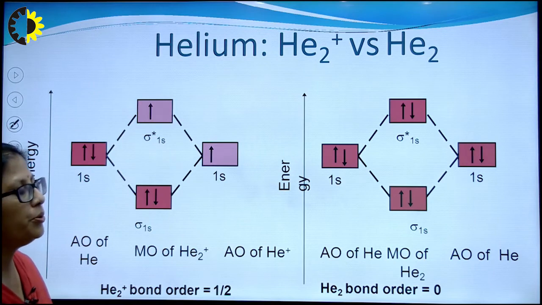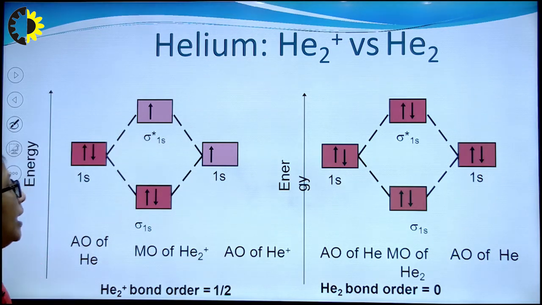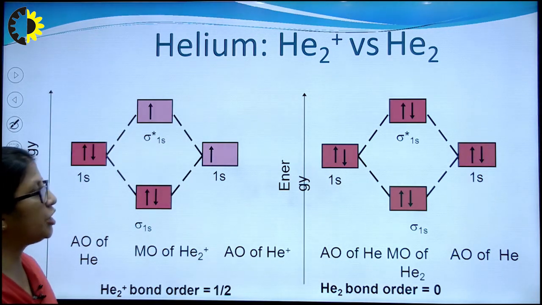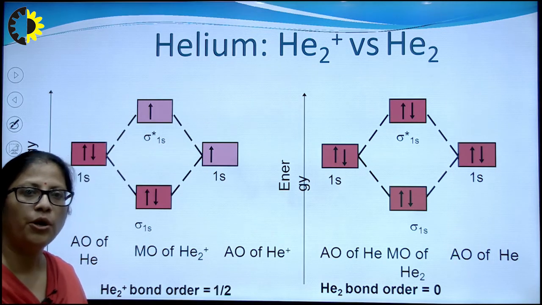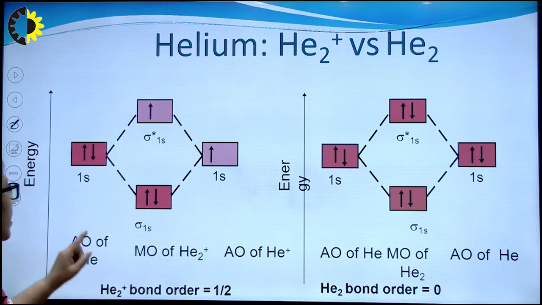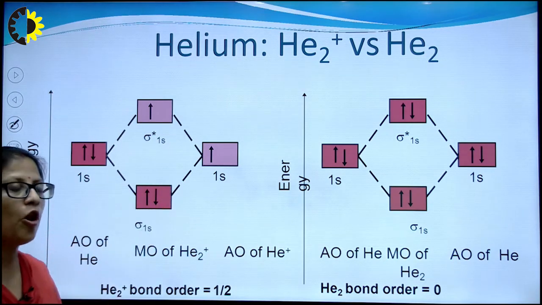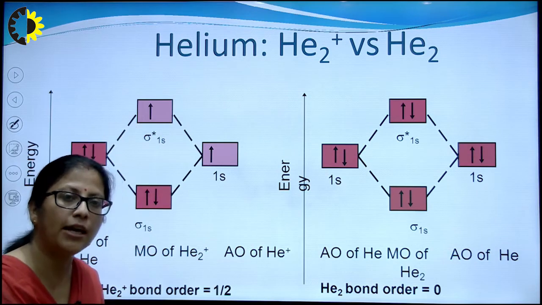Next, coming to the He2 plus molecule versus the helium molecule. Now, the electronic configuration of He is 1s2, it contains 2 electrons. So, in He2 plus, one of the atomic orbitals will have 1 electron less.